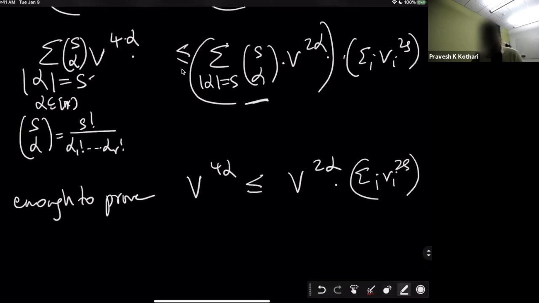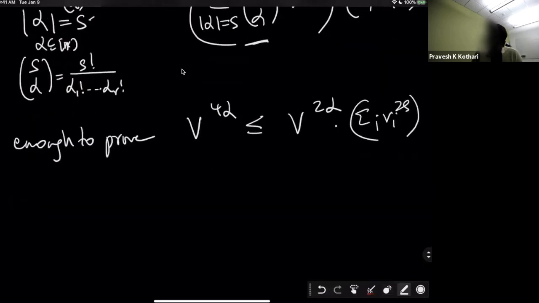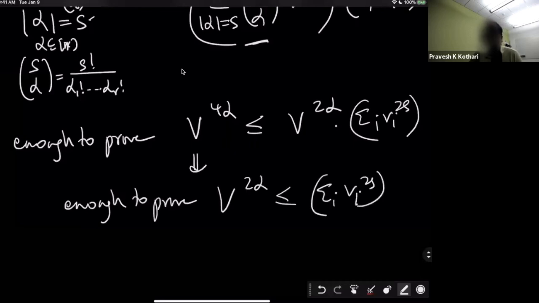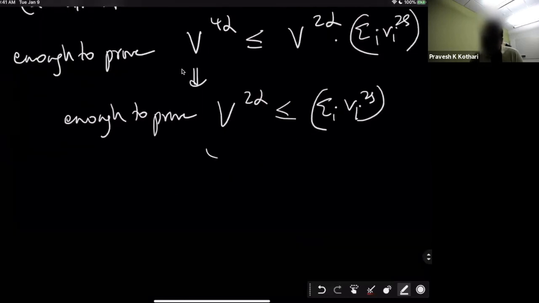And actually, from here, it's also enough to prove that v to the 2 alpha is at most sum over i of v_i to the 2s, because if I have this inequality, then I can just multiply by v to the 2 alpha on both sides. It's a square, so it's a legit thing to do, and I'll get the inequality I need. So my goal is now simply to verify this fact.